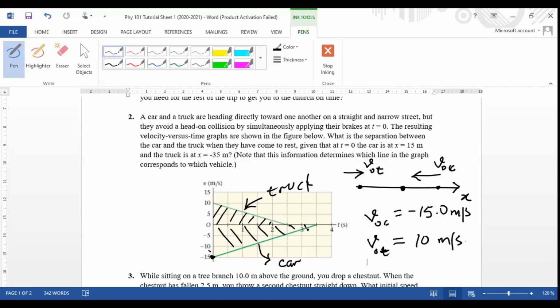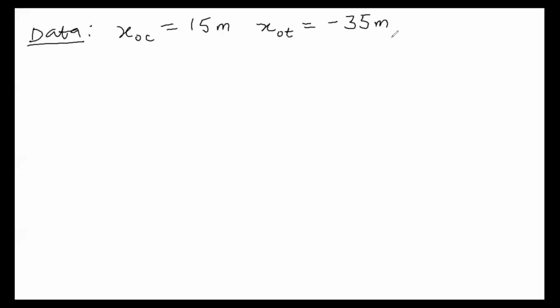The initial velocity for the car was minus 15.0, and then the initial velocity for the truck was 10 meters per second. Okay, so let me now go to my board so that I pick it up from where I had left.